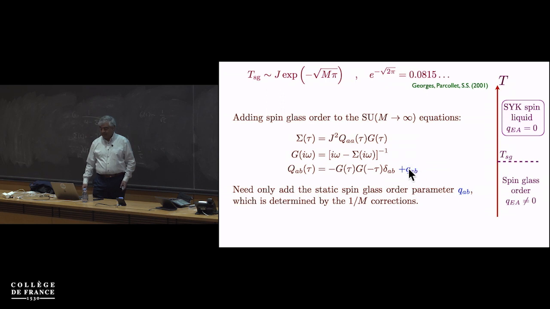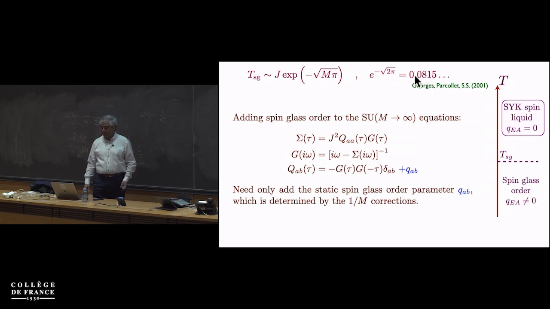What you find from that analysis, something that had already been pointed out in the GPS paper, is that this QAB becomes non-zero below a temperature which is e to the minus square root of m pi. So as m goes to infinity, the spin glass order disappears, but at finite m, it's present at any finite m. Even for m equals 2, you now see my most favorite number, e to the minus square root of 2 pi, which is quite a small number.